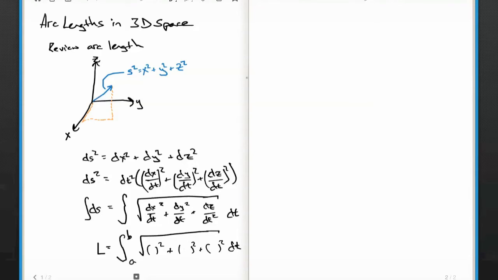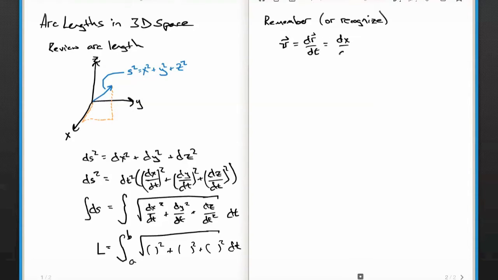Okay, so our arc length formula, or the length of a curve, is pretty straightforward, but it's important to recognize this. Now, you might also recognize that the velocity vector, as we defined it before, dr/dt equals something that looks very similar to this.